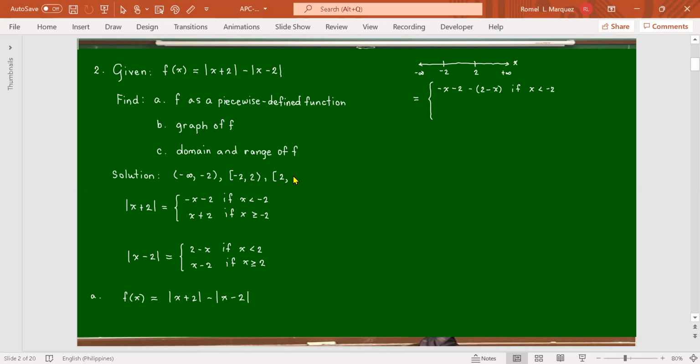You have an option to include the 2 in the middle interval, and the negative 2 in the first interval if you want. Okay, guys?